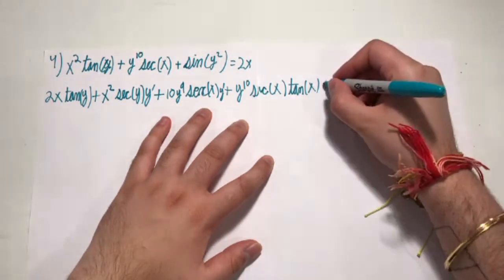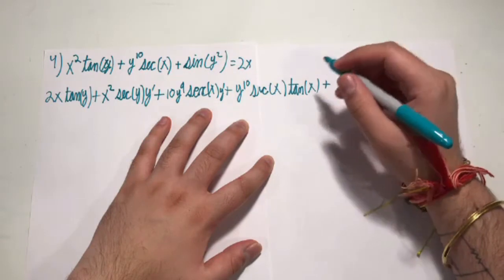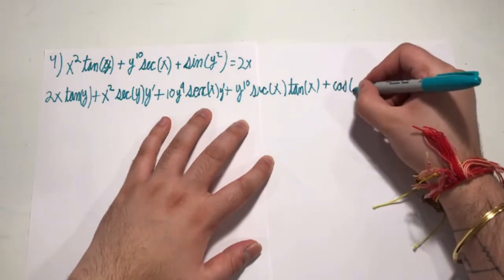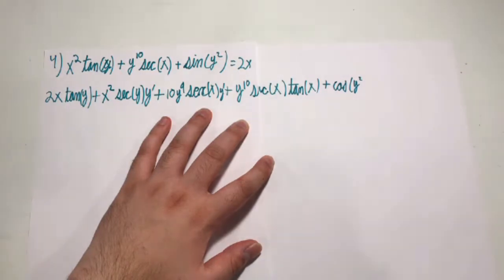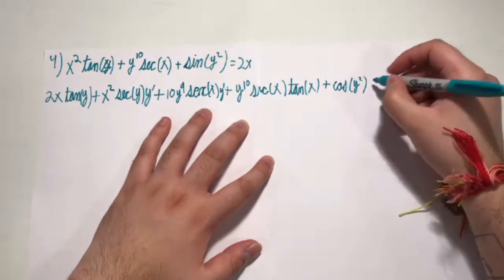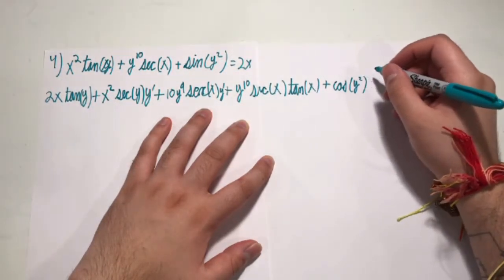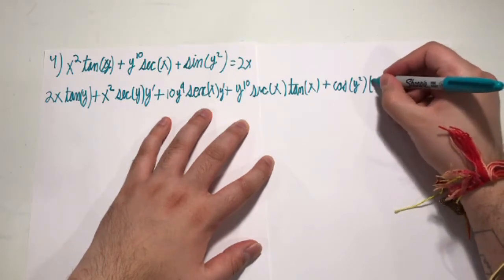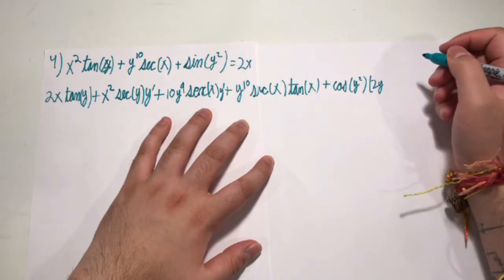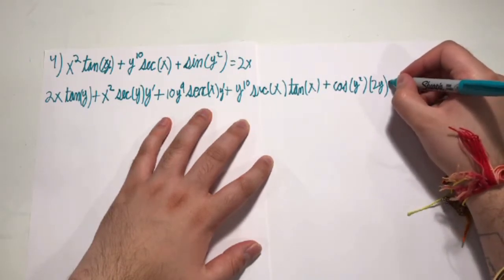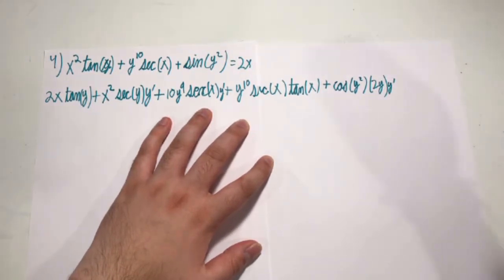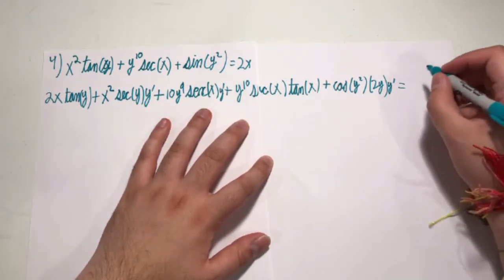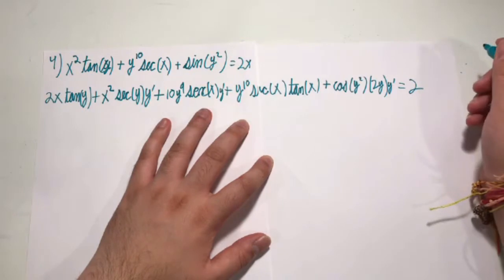So this is going to be plus derivative of sine is cosine, so cosine y squared, multiplied by, what's the derivative of y squared? It's 2y times y prime. And lastly, derivative of 2x, clearly the hardest out of any of these, just 2.